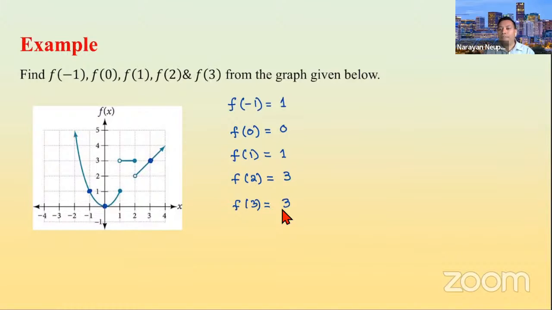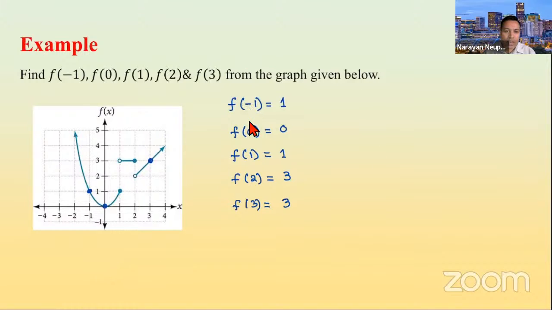So if the graph of a piecewise defined function is given, what you have to do is find the value, like here in this one, at -1, you have to go to the graph, put a dot, and then look for the corresponding y value along the y-axis, because output values are along the y-axis.